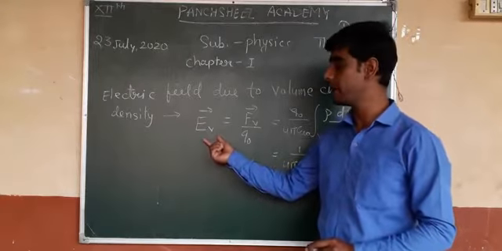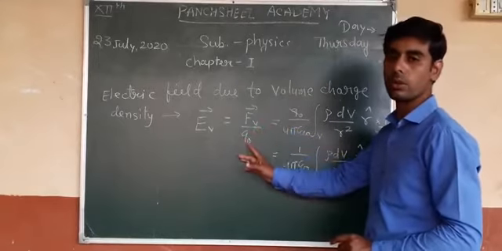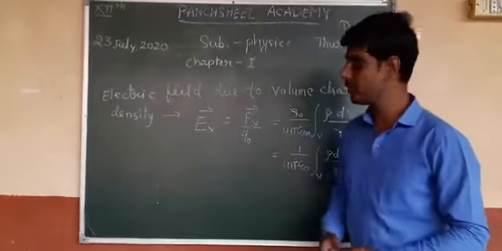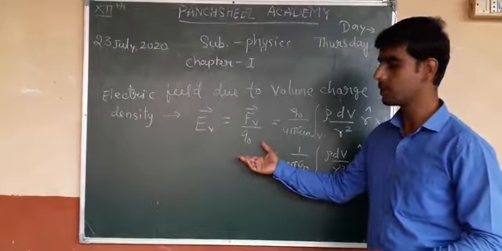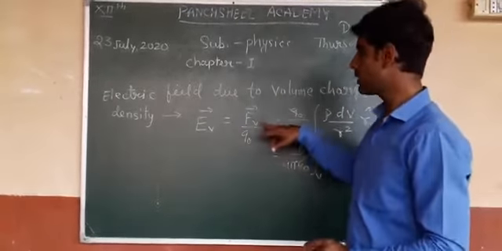The electric field E vector equals Fv vector upon q naught. In the previous section we also defined the electric field due to a point charge as the force per unit charge. So what is Fv?